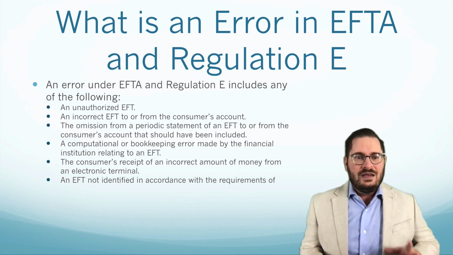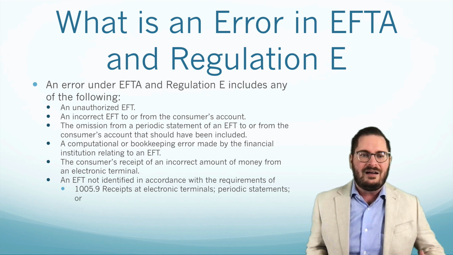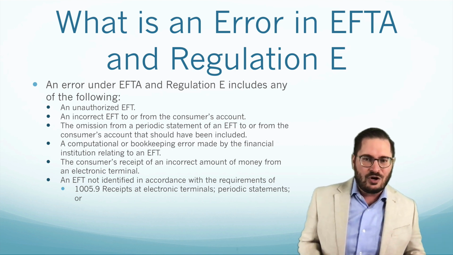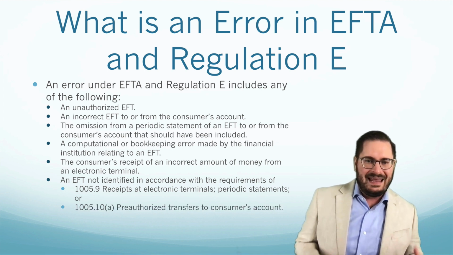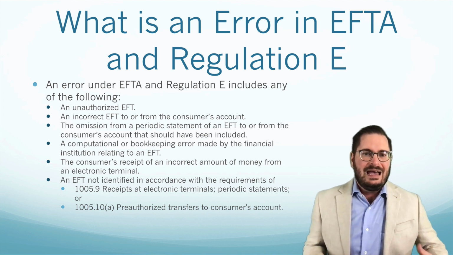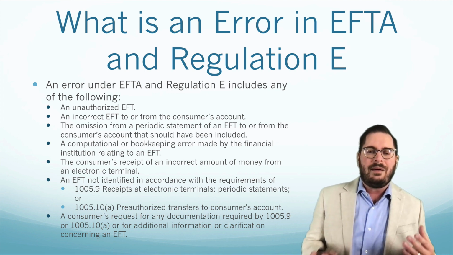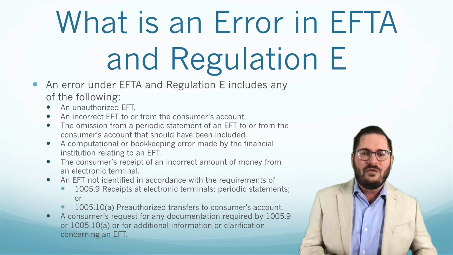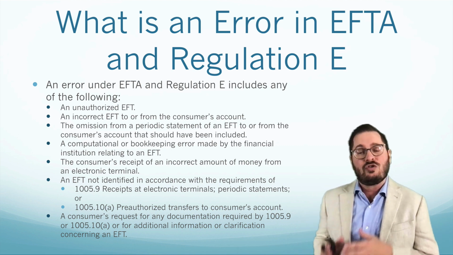It also includes an EFT not identified in accordance with the requirements of 1005.9, which are the receipts at electronic terminals and periodic statements, or 1005.10(a), which relates to pre-authorized transfers to consumers' accounts. And it also includes a consumer's request for any documentation required by 1005.9 or 1005.10(a), or for additional information or clarification concerning an electronic funds transfer.